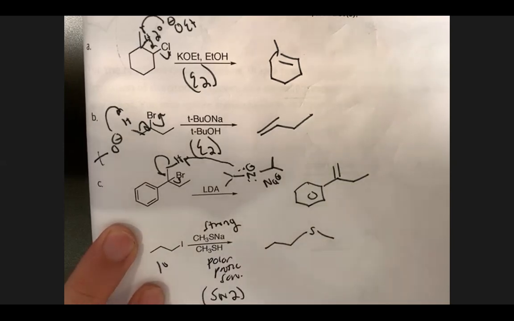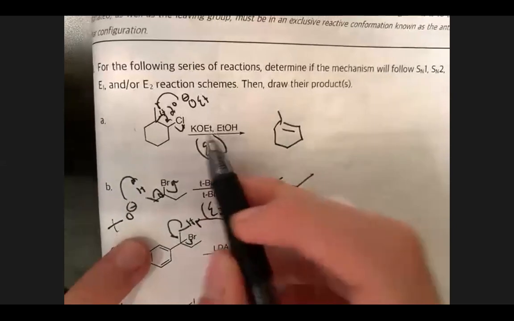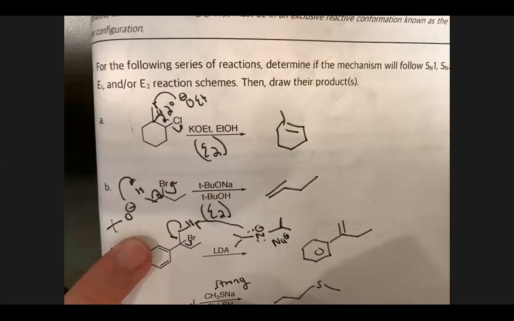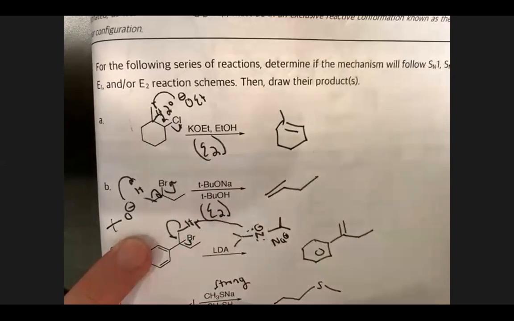Here, primary, no thinking every time you have primary. Primary is going to be SN2, it's very sterically unhindered, and that nucleophile is really strong. Remember that sulfur is not oxygen. Oxygen is more electronegative than sulfur. Since sulfur is less electronegative, it's more likely to donate those electrons than hold on to them itself. So that's twofold: ethyl is longer than just the methyl, and oxygen is more electronegative than sulfur.